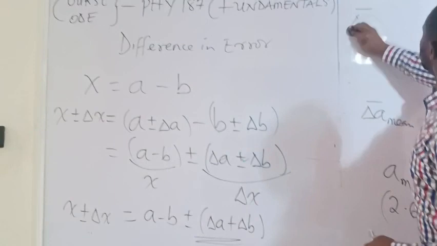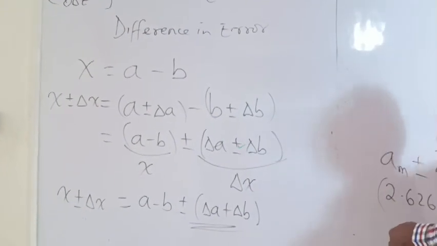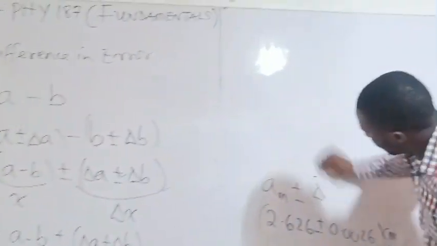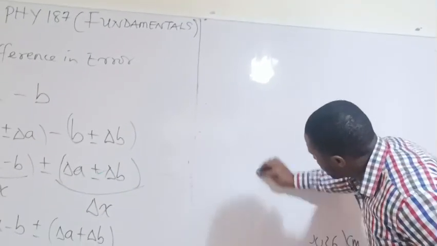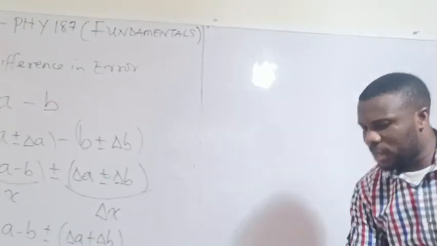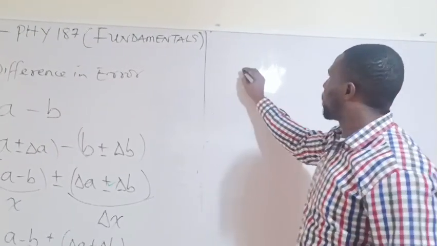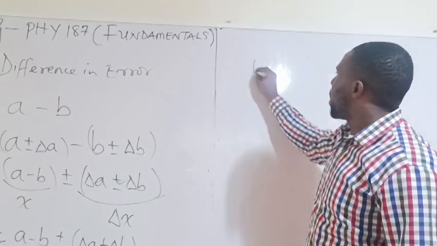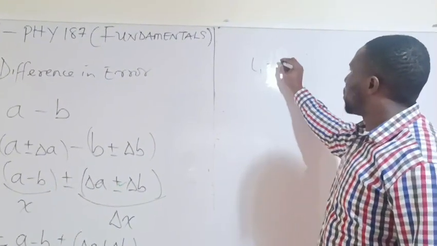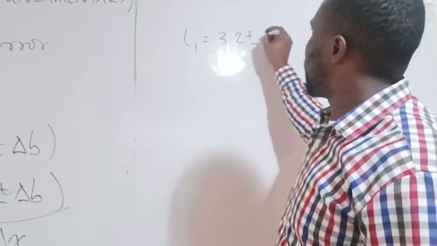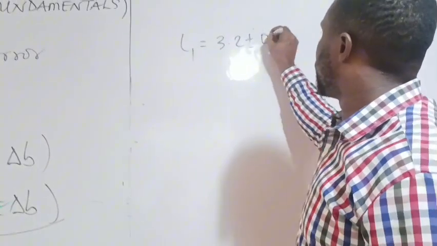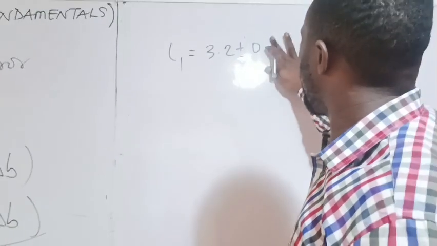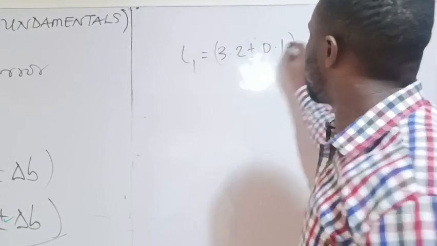Alright, so I give an example. Let's take for instance a measured quantity, let's say length. I measured 2 lengths with the same instrument, and I found that the first is, let's say, 3.2 plus or minus 0.1, and of course this is in centimeters.